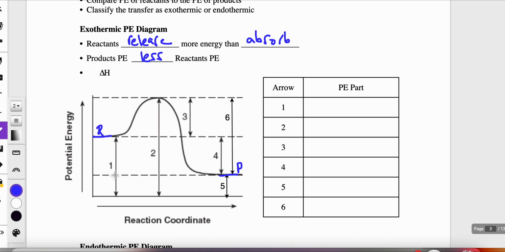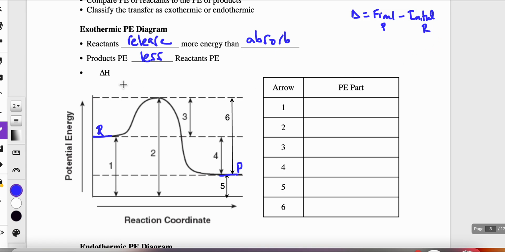Calculating a delta H. A delta value, any type of delta value, is always equal to the final minus the initial. So the ending value minus the initial. Well, in a chemical reaction, products are where we end up.